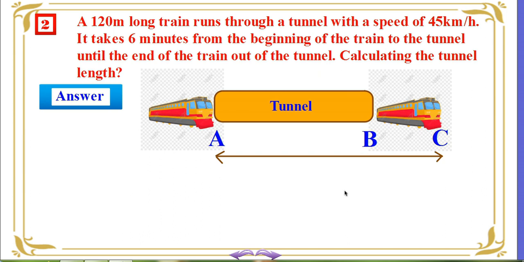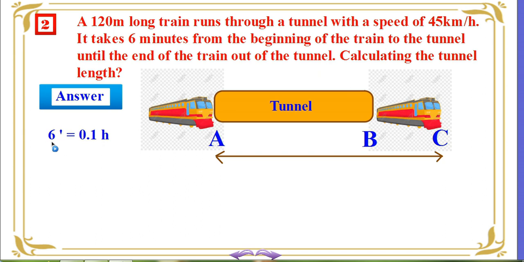Besides, you also need to pay attention to another issue, which is the units. The problem gives the unit of speed as kilometers per hour, while the unit of time is minutes. So we have to convert the minutes into hours by dividing that number by 60.